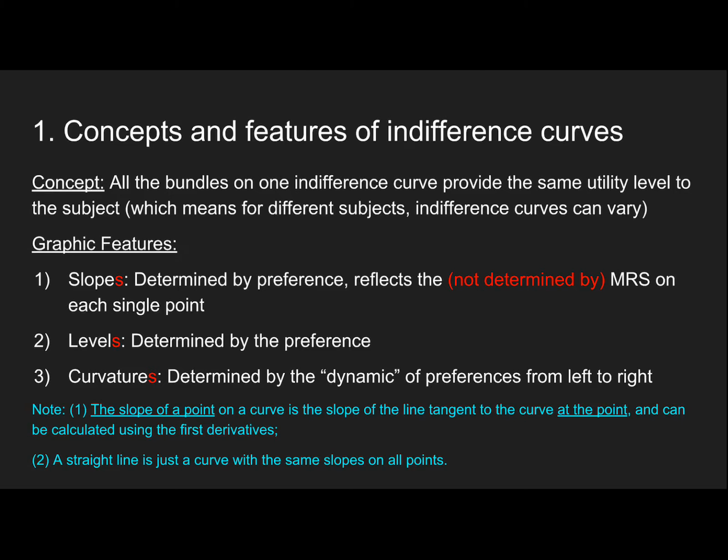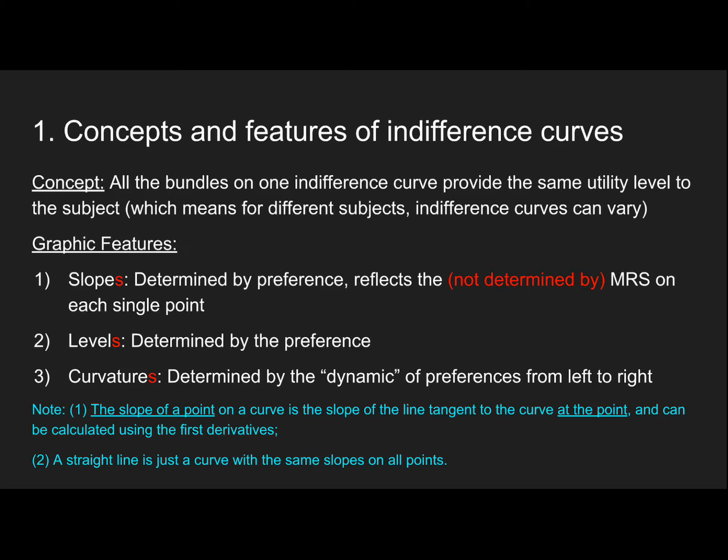The preference itself determines the slope. And the slope is usually positive or negative, so it's going upward or downward. Then we will go to the slope of each point in the curvature part.